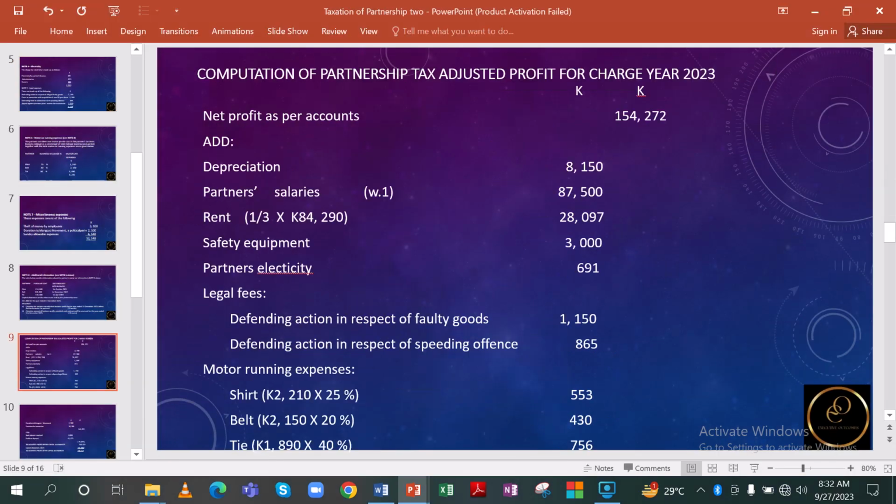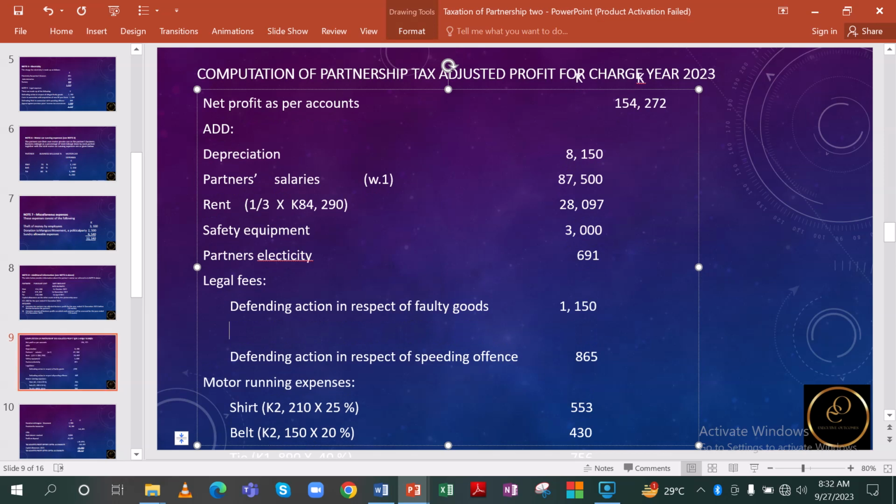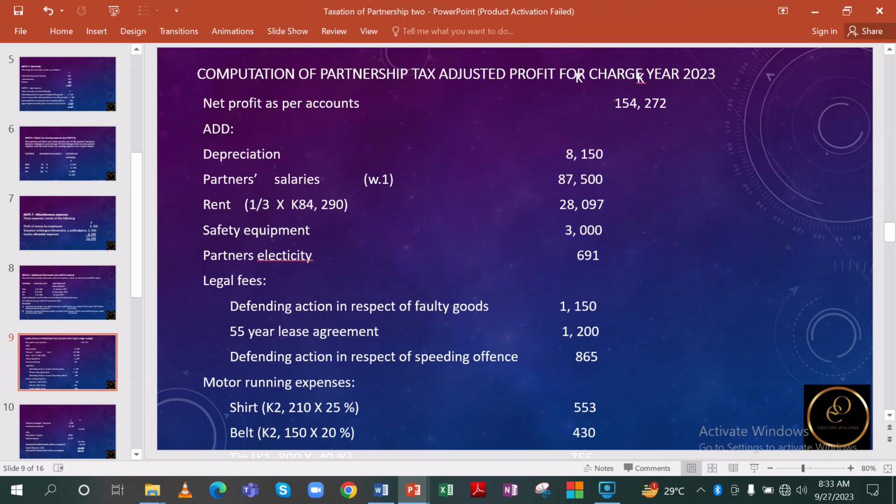Then capital expenditure, acquisition of the 55-year lease agreement, which is a figure of 1,200. Okay, 1,200 is also disallowed.